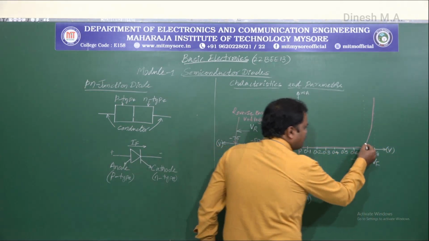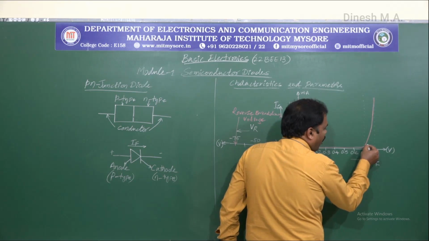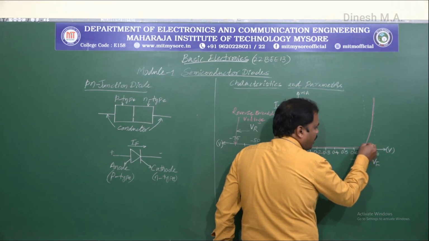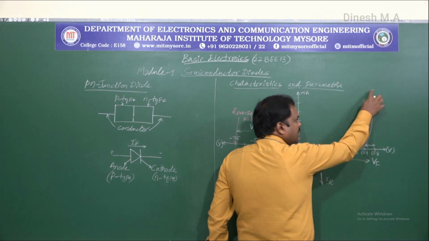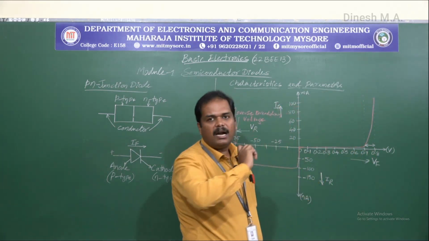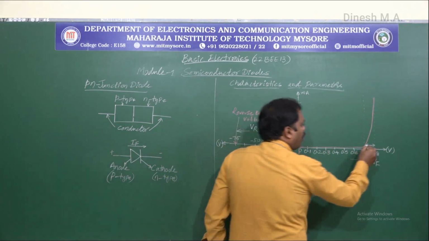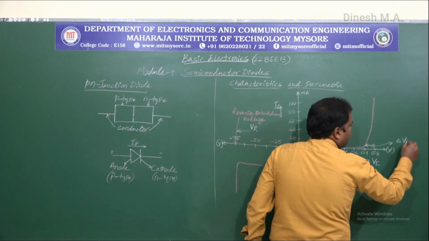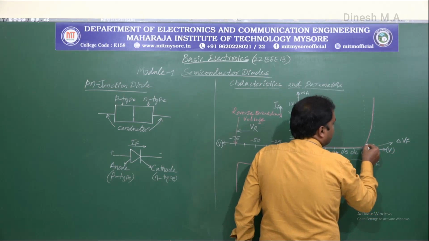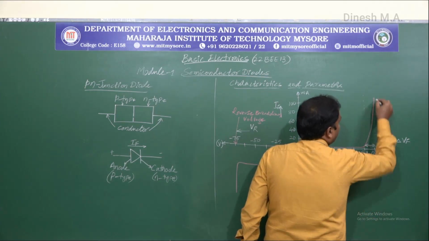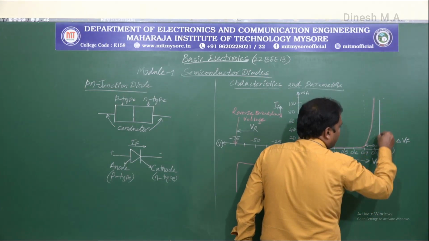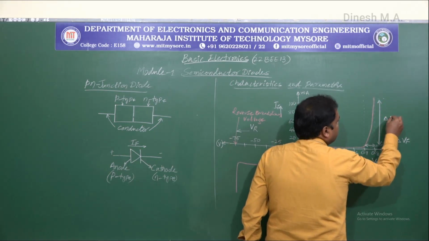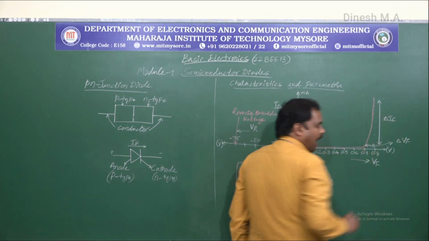And the change in the forward voltage that causes the rise in the forward current, we'll call it delta VF, and the change in the current, we'll call this delta IF.